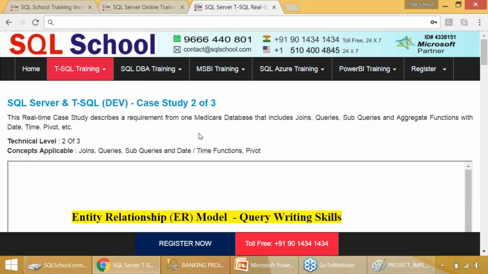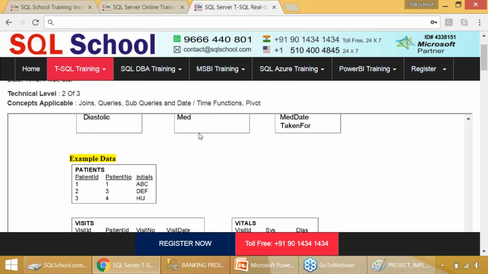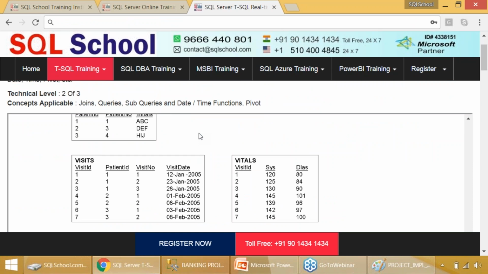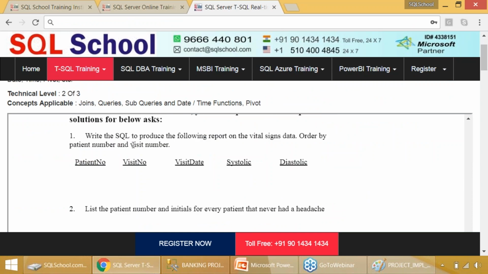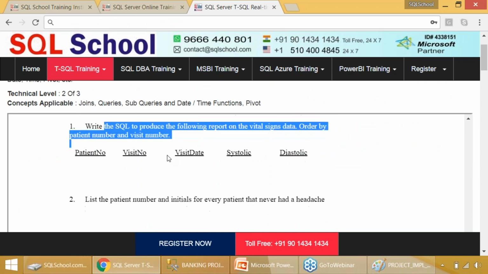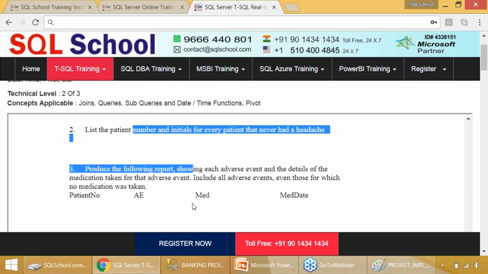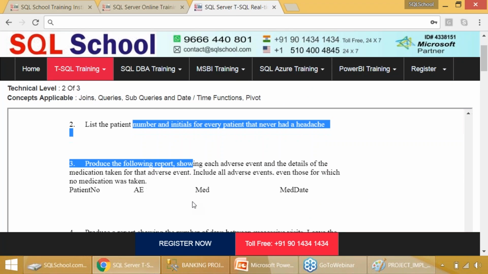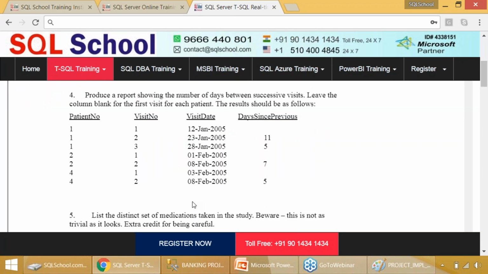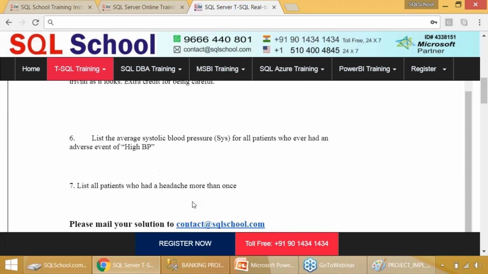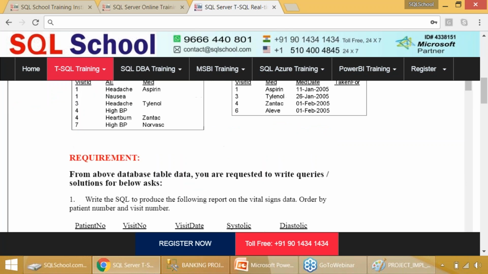The second case study, the same database system continued with a different requirement, like queries and solutions. We provide you the queries, you try for the solutions and then verify with our solutions. That's how it goes. And in general, these types of case studies would be helpful even for online interviews.